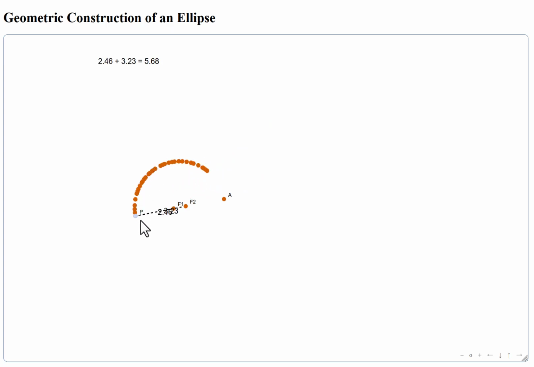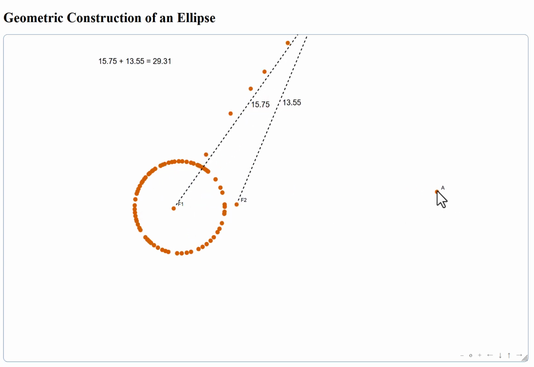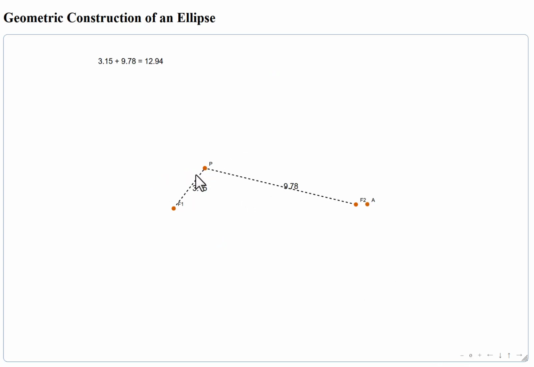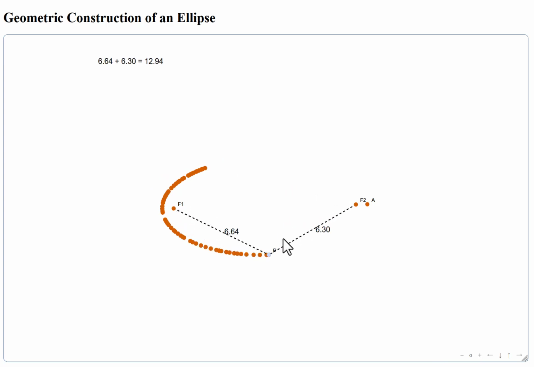So for instance here, I've got them very close together, and it's really not that discernible as an ellipse versus a circle. But if I move those focal points far away, I can get something that is very heavily elliptical.